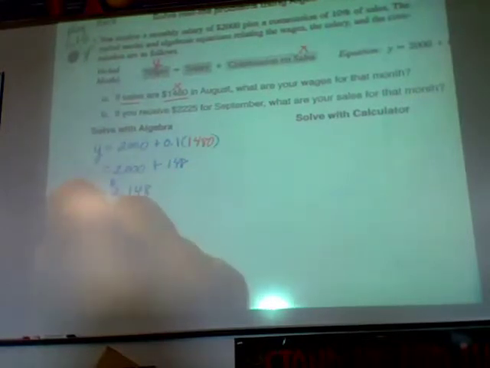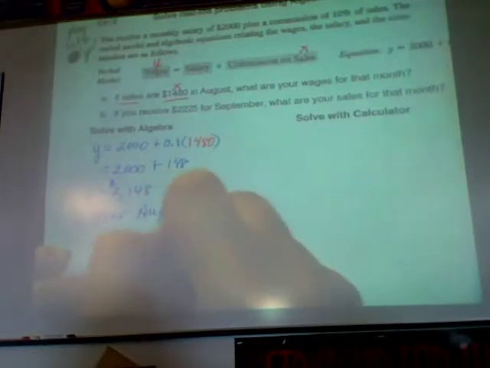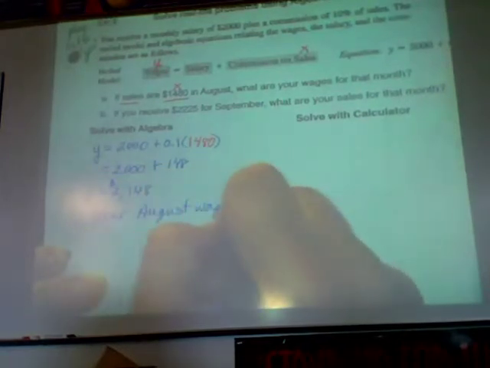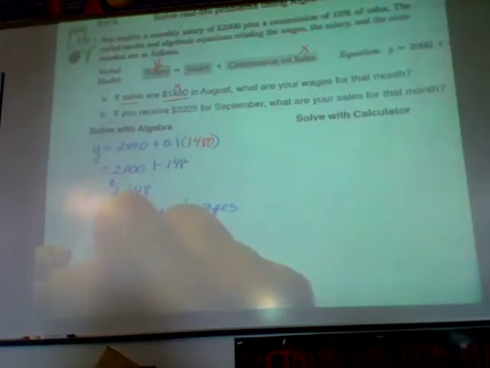That's it. So you didn't even have to use your calculator. So then you have Y equals 2,000 plus $148, which equals $2,148. So therefore, your August wages are $2,148.